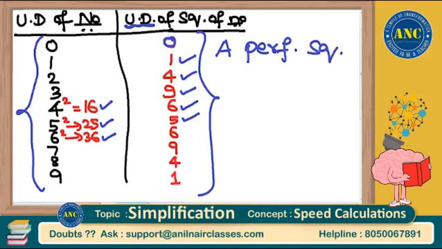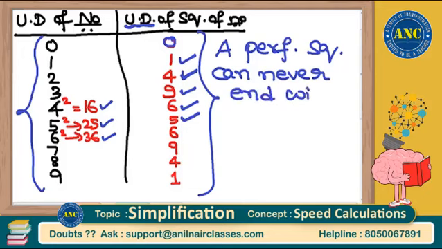Can I say that a perfect square can end with 1, 4, 9, 6 and 5, but can it end with 2? No, it cannot end with 2. It cannot end with 3, it cannot end with 7, it cannot also end with 8.